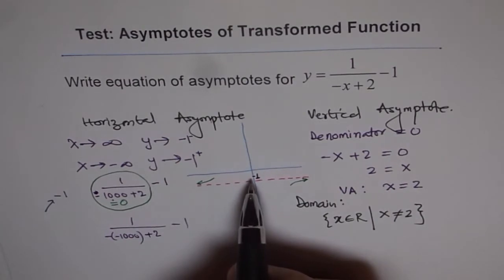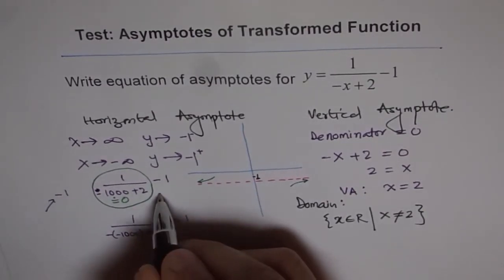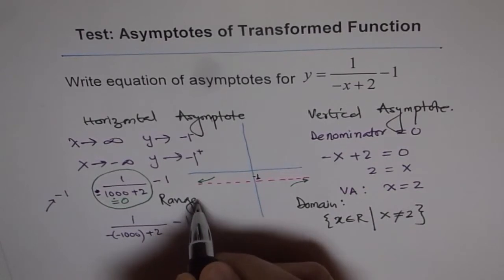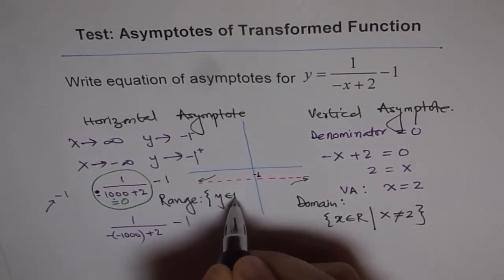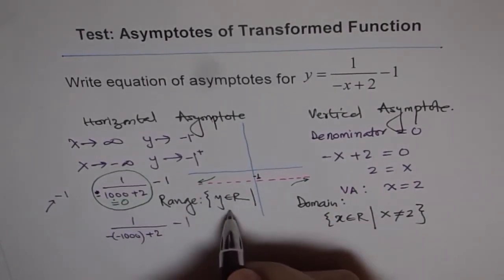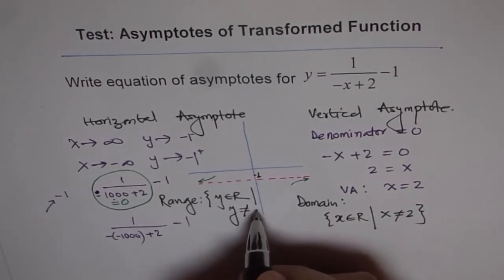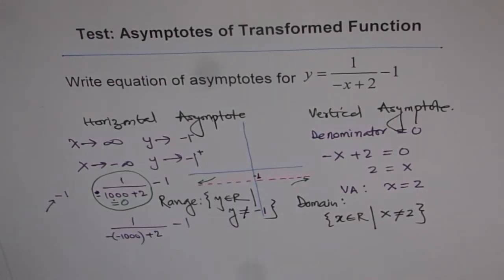Therefore, we are not right there. We are approaching, and therefore this minus 1 is not in our range, correct? And so we get the range from here. The range is that y belongs to real numbers, so that y is not equal to minus 1. Do you get my point?